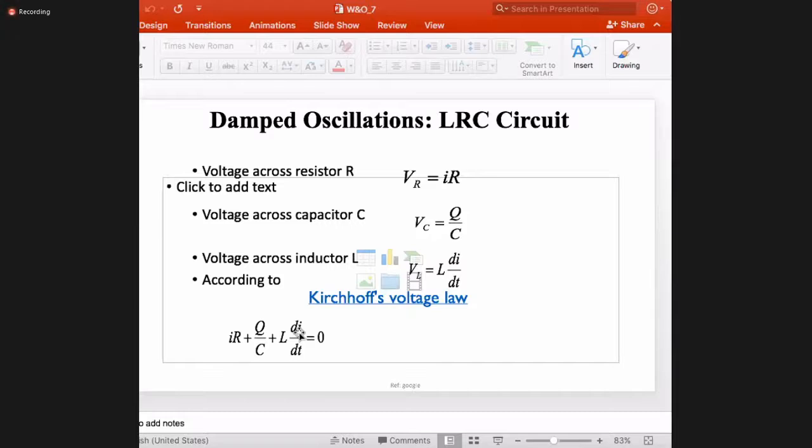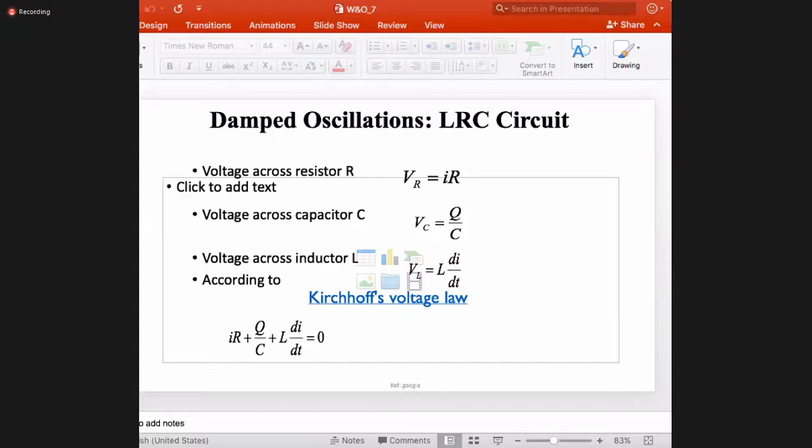After that, if we divide this equation by L, here is an L and this is another L. This is the equation of what? Can anybody tell me? This is a second order homogeneous differential equation.